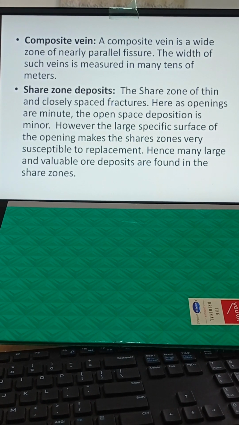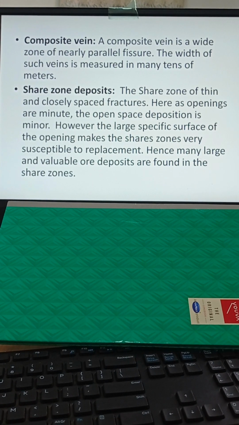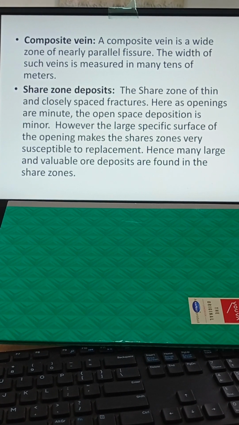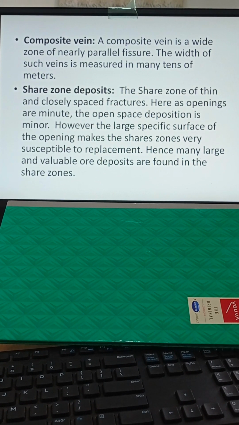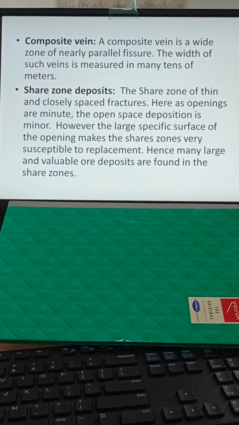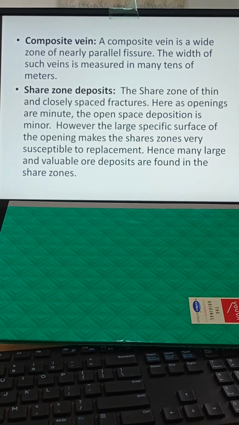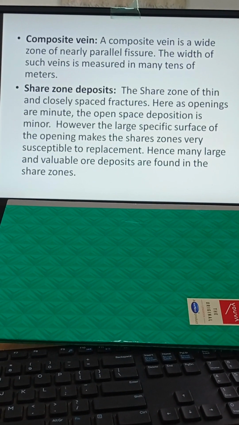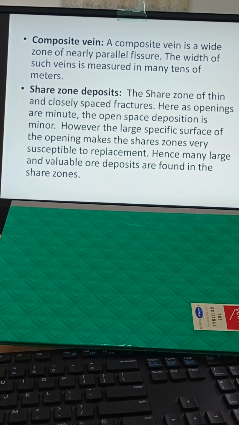Here, as the openings are minute, the opening space deposition is minor. However, the large specific surface of the openings makes the shear zone very susceptible to replacement. Hence, many large and valuable ore deposits are formed in this shear zone.